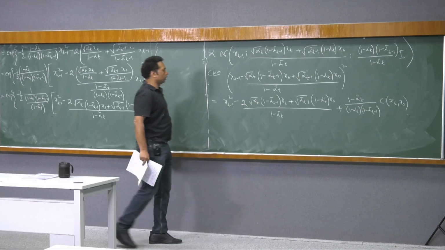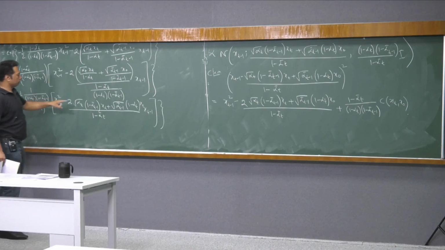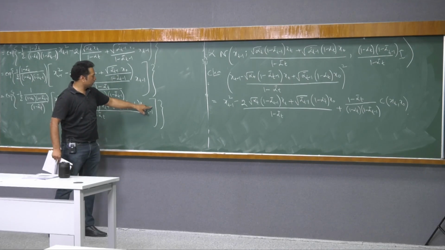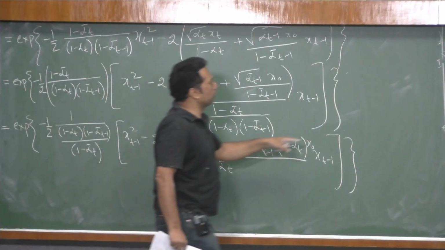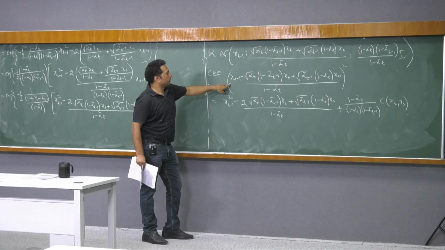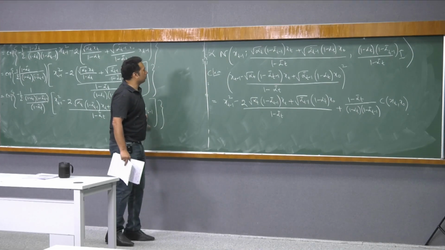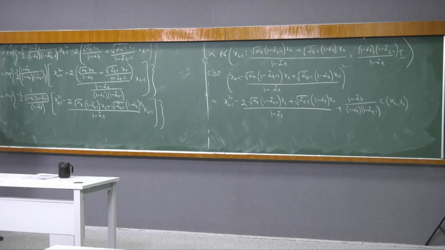So this C was sitting here, but then we took an inverse of that. The inverse of the common term multiplied with C, plus these terms, should match the x_{t-1} whole square term. If it matches, then we prove the claim that indeed this is a normal distribution with the mean and variance like that. Hence we have to do a check of this claim.